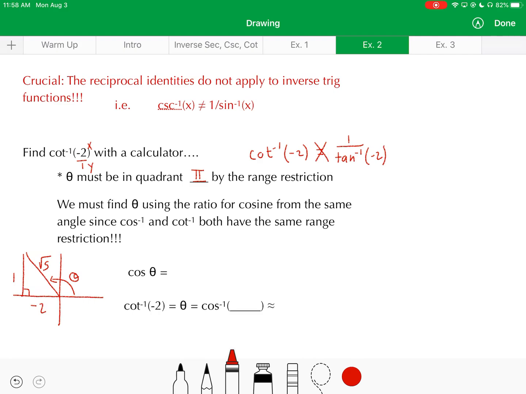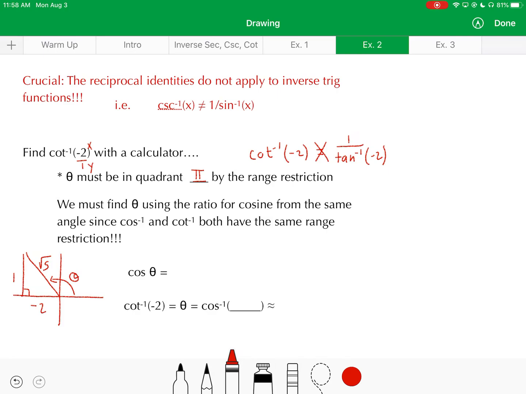So if I can't use 1 over inverse tangent, then what's my approach? Well, you have to relate this back to one of the 3 inverse functions that the calculator is programmed for: inverse sine, inverse cosine, and inverse tangent.